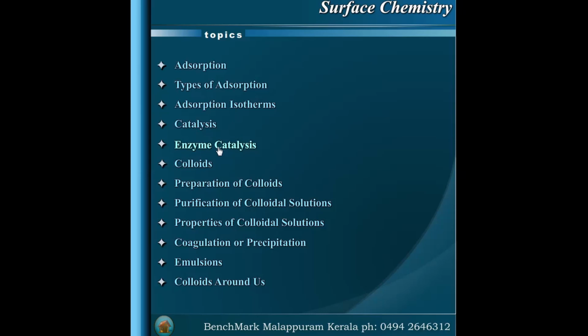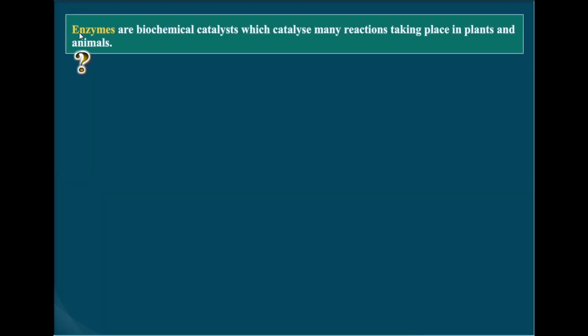Next, we'll go to the next part of surface chemistry, enzyme catalysis. What is enzyme catalysis? What are enzymes actually? The biology students might be knowing that enzymes are complex nitrogenous organic compounds which are produced by living plants and animals. They are actually protein molecules of high molecular mass and form colloidal solutions in water.